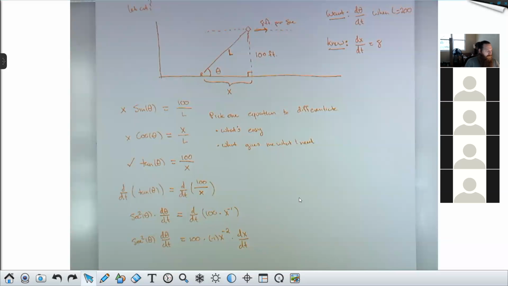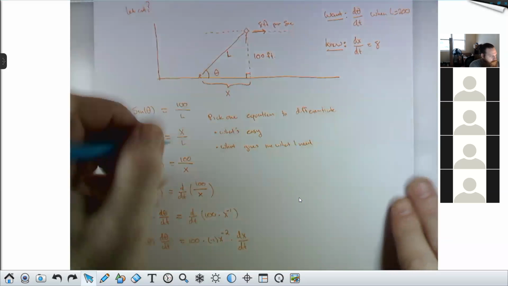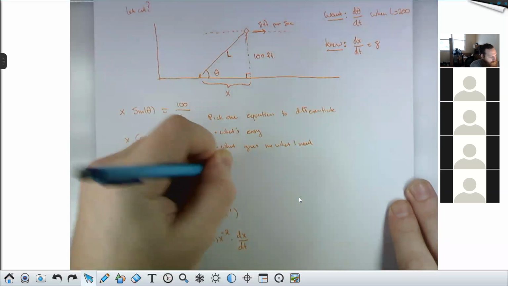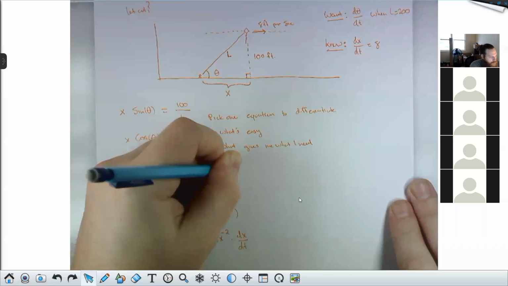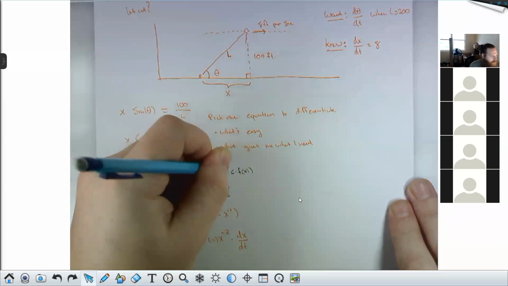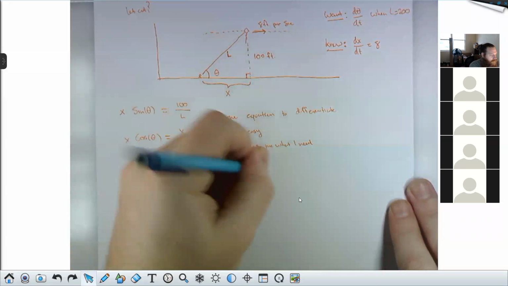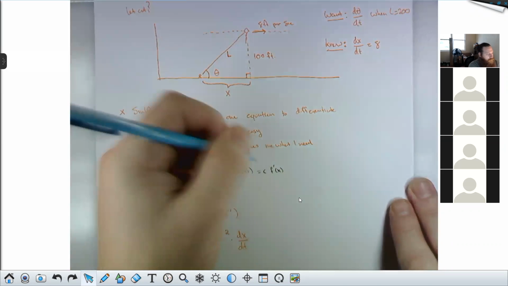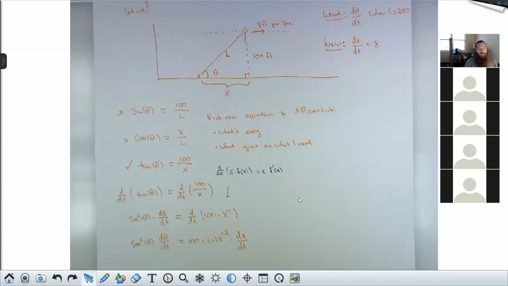We don't cite it explicitly a lot. If you take the derivative of a constant times f of x, that constant just comes along for the ride. That constant multiple rule was one of our early rules. That's all I'm using here.